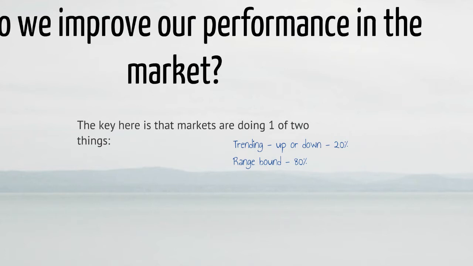What happens for the remainder of the time is this range-bound, cyclical type price action. So therein lies a clue already about the structure of a multi-system strategy. We definitely want to take advantage of a trending market, one that's trending up or down. We also want to be able to take advantage of that range-bound type of movement.